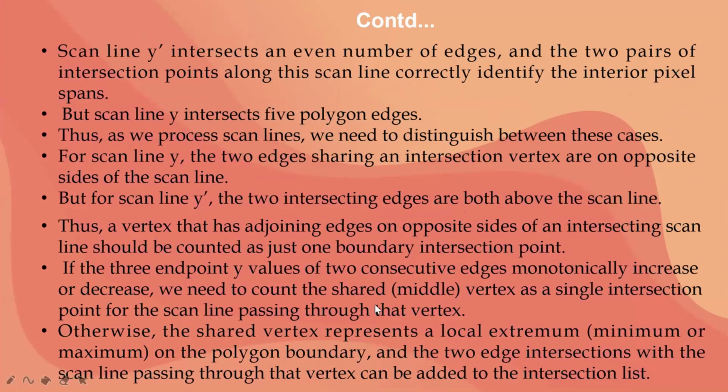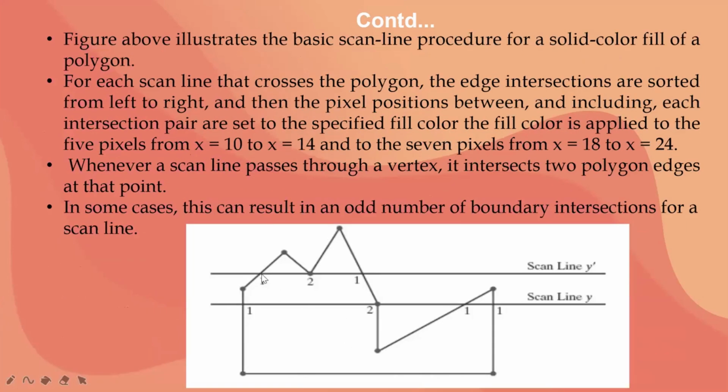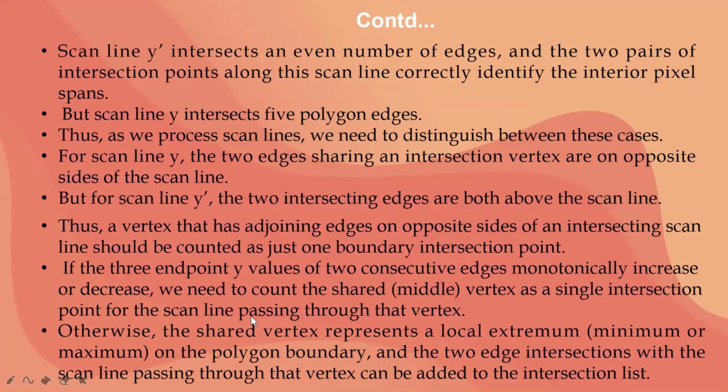In this way you have to draw the diagram and write how many hit points it gives towards your edges and towards your vertex points. If any vertex point adjoins the edges, then you have to find out the opposite sides of each of the intersecting scan lines and find out the boundary intersection points. Sometimes you will have consecutive points 1, 2, 3. What do you do in that case?